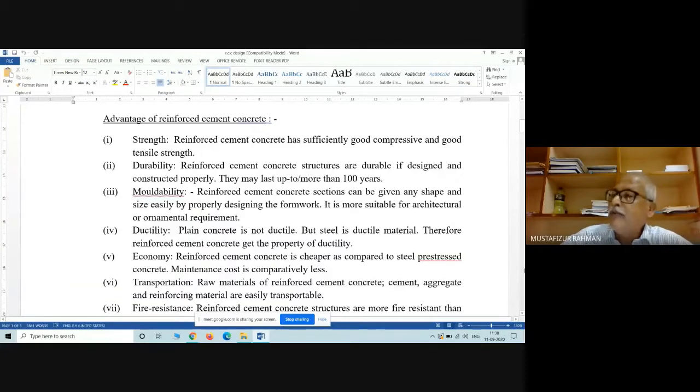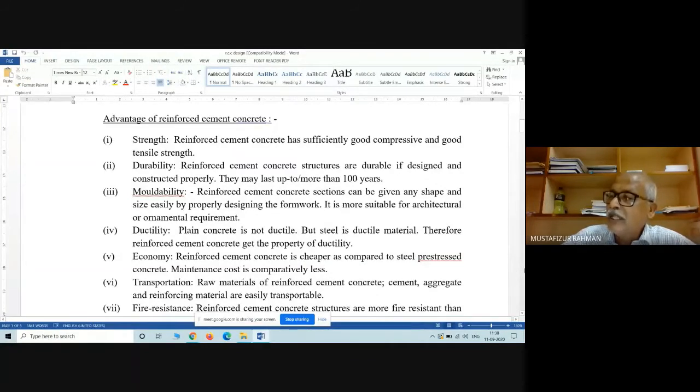Why? At the green period, that means immediately after mixing the water, it has a moldable characteristic. It will take the shape of the mold.